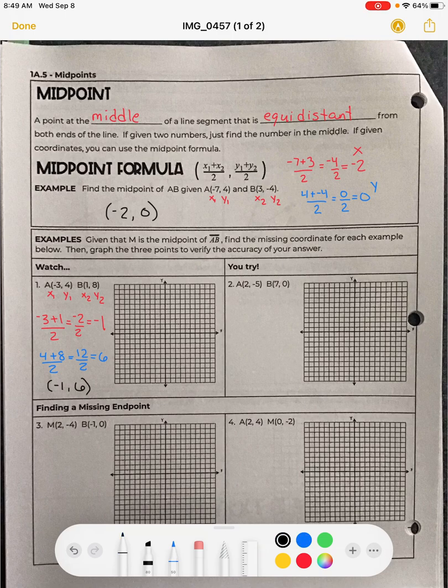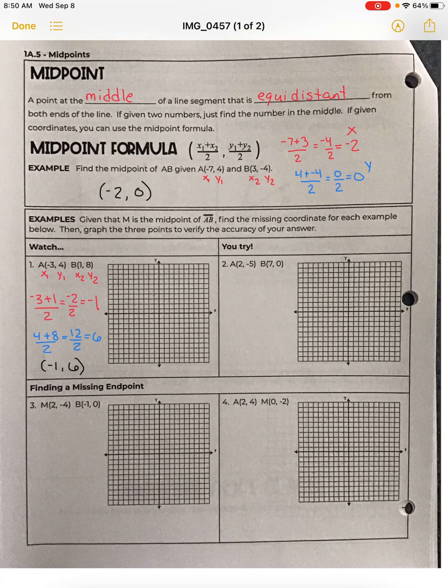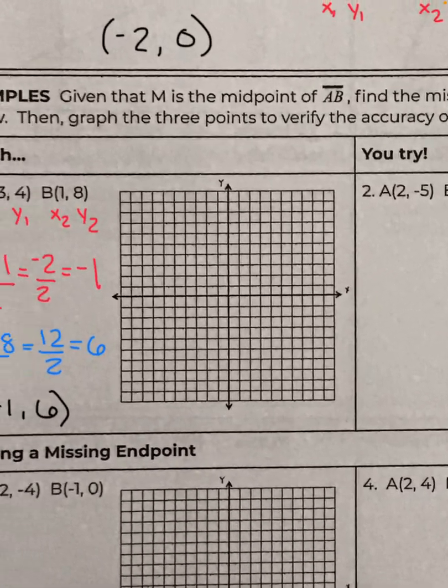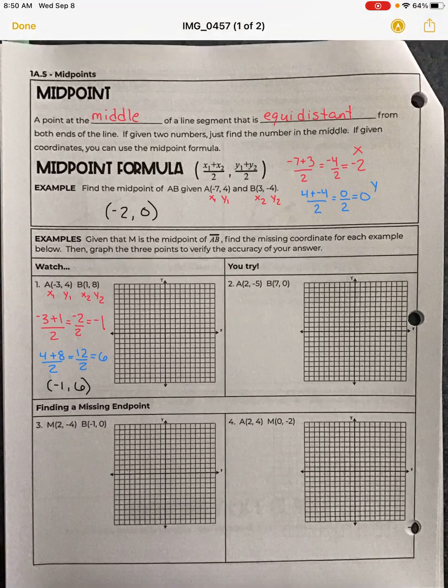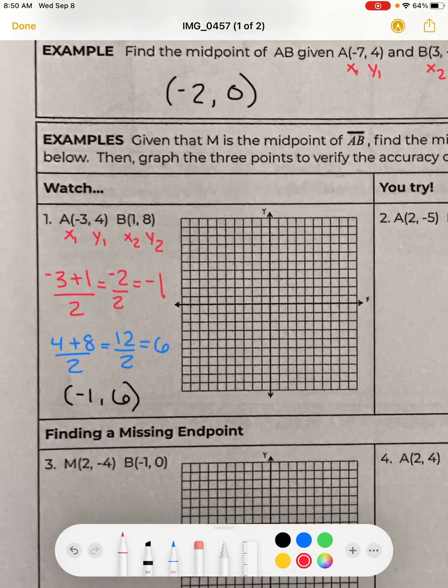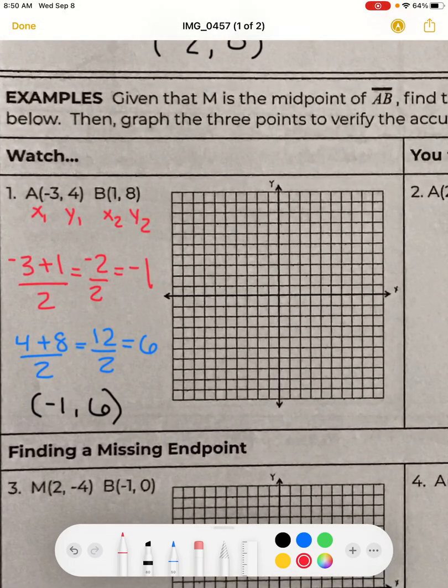So we're going to verify if that makes sense with this picture. We're going to go ahead and plot these points. The first point I'm going to do is at -3, 4. Let me see if I can zoom my picture a little to get a little better view. -3, 4.